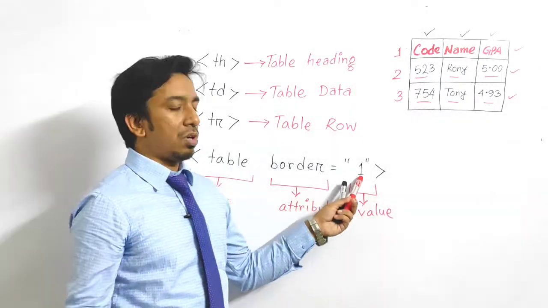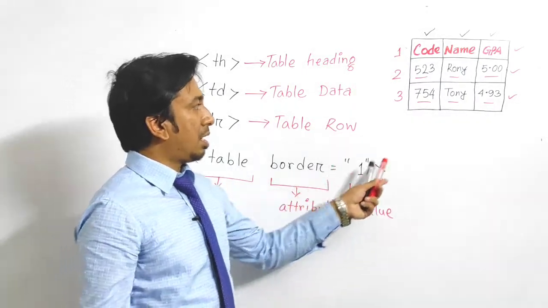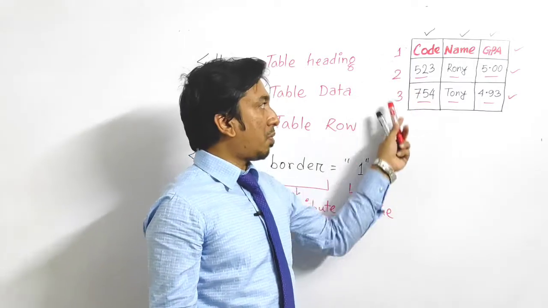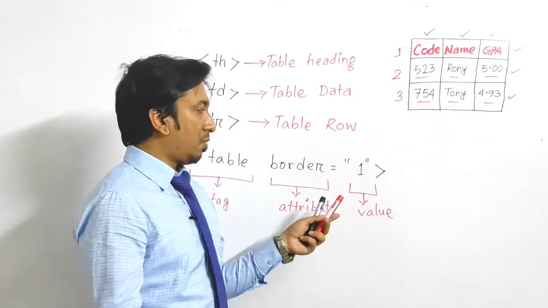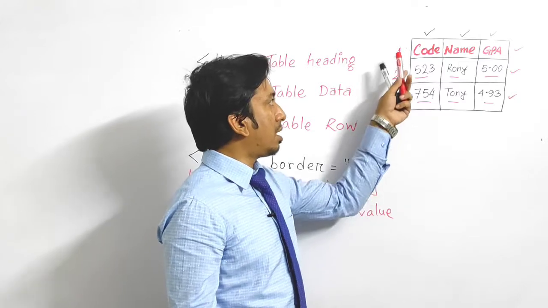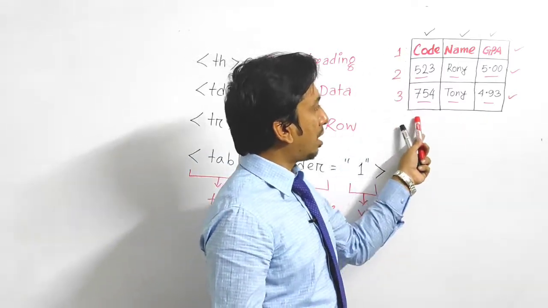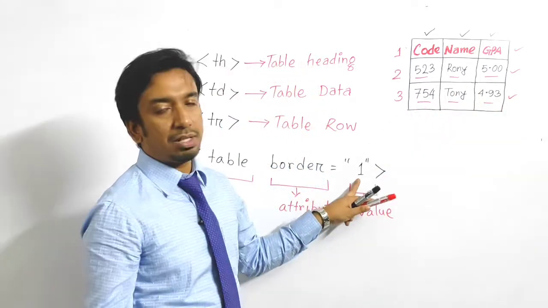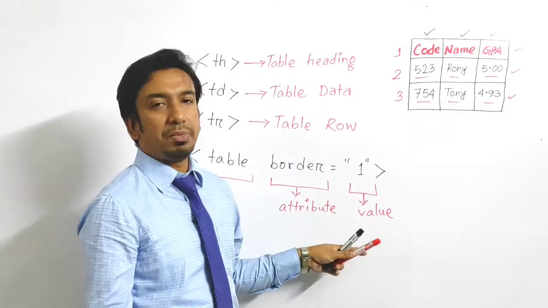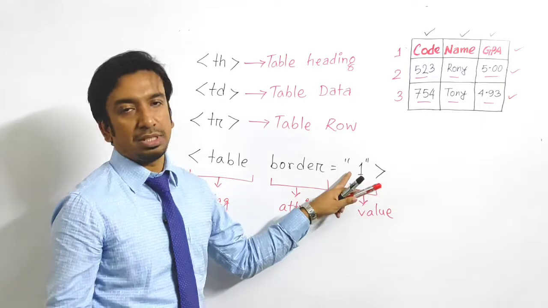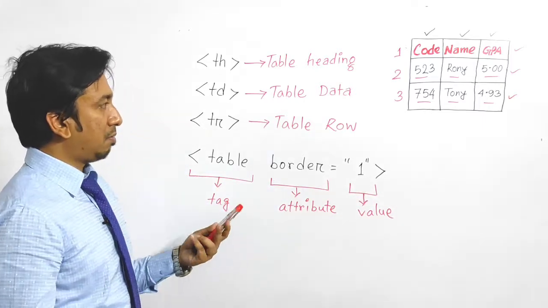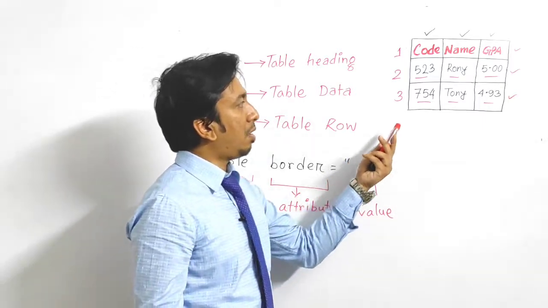But 1 is not fixed here, we can change it. In border, just the outer border, only one border, so I have written 1. If I write 2, it will draw the second outer line, so the value will be 2. So it's not fixed, we can change it to show the output.